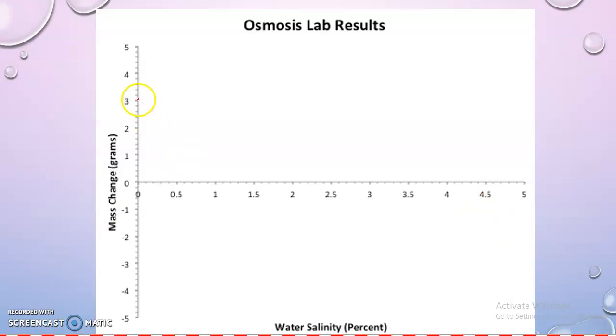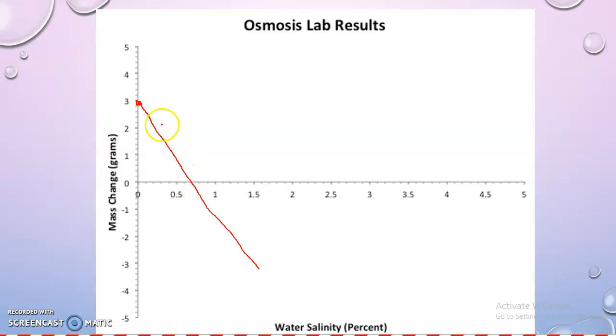So if I start with pure water here, and it gains 3 grams, then in pure water it will gain 3 grams. So we just go ahead and draw a line down here. As you increase the salinity, the change in mass is going to go just like this, from 0 all the way down to 0.7, you're going to be gaining mass.